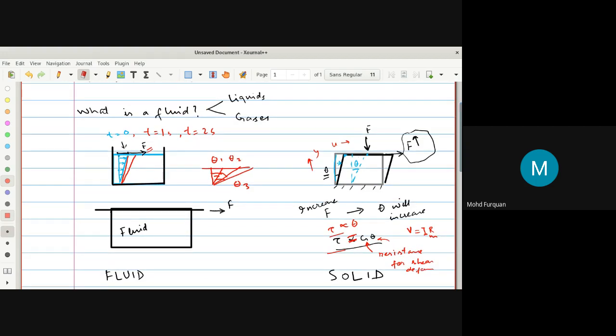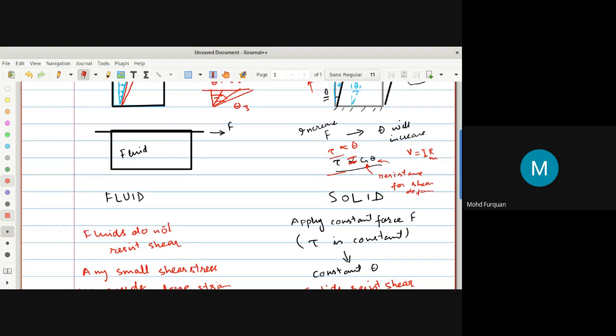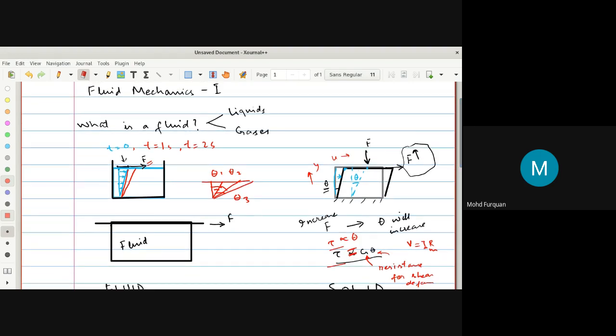However, in the real world, there are lots of materials which lie between solid and fluid. You can't really distinguish clearly whether they fall into solid or fluid. Those things we are not going to deal with in this course. We will only deal with things which are clearly distinguishable.